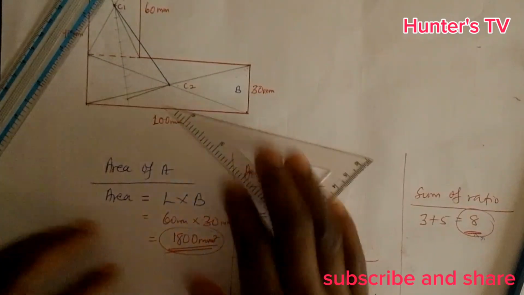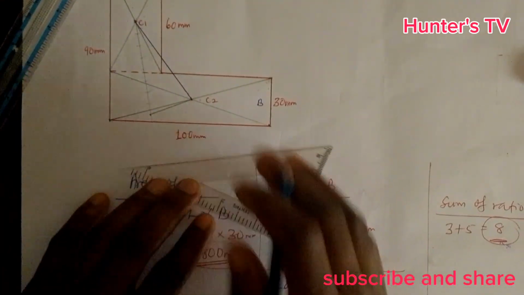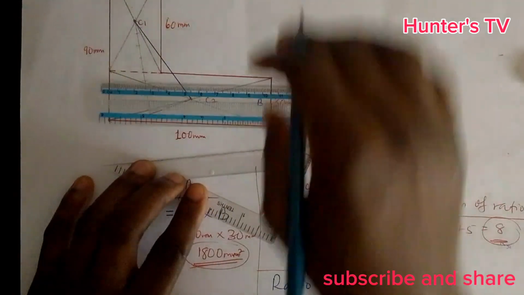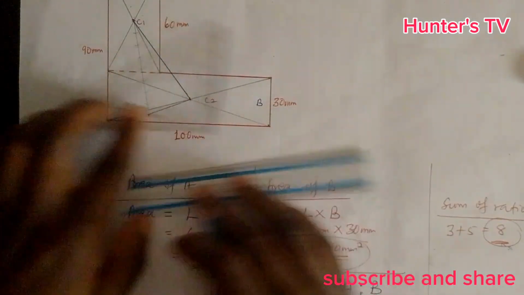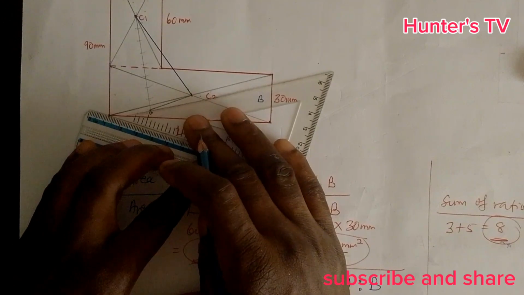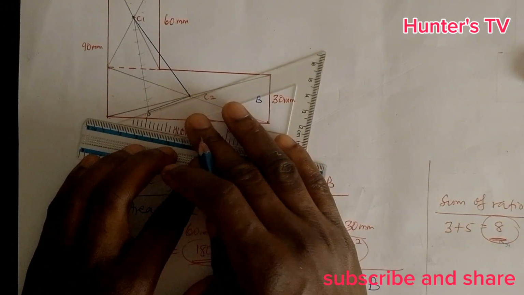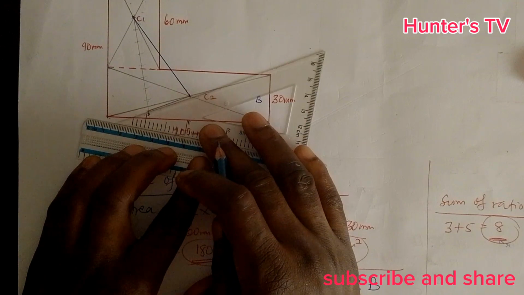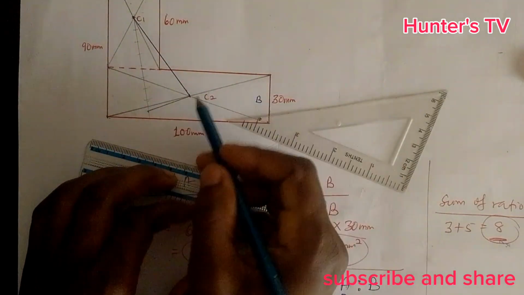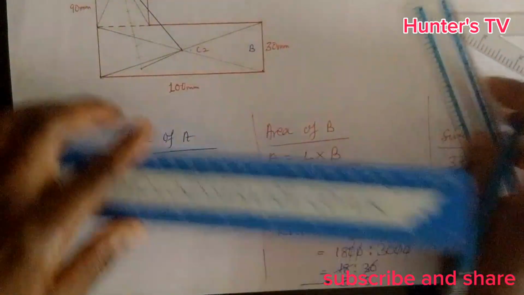What do you do next? You are going to draw parallel lines. Okay. You set your set square, either the 45 degrees set square or the 30 degrees set square. You place it exactly on the line, the last mark that you drew. Let me use this longer one.